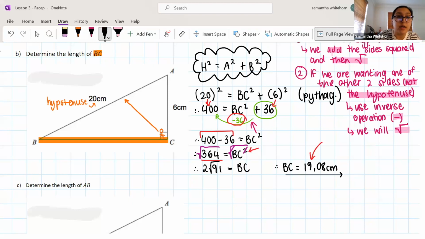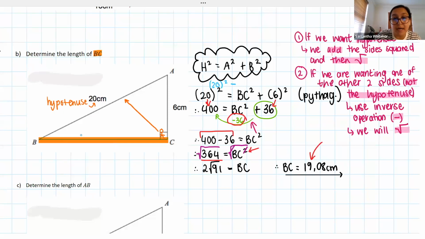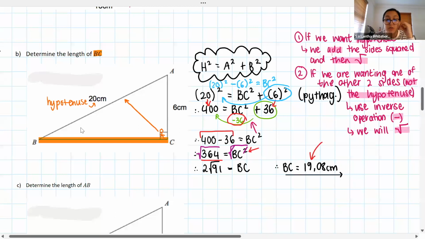You would have to say 20 squared minus 6 squared is equal to BC squared, because essentially what you need to remember is that the 6 squared is coming over, so it needs to become negative. That's absolutely fine, but remember it must be minus. Okay, thank you.